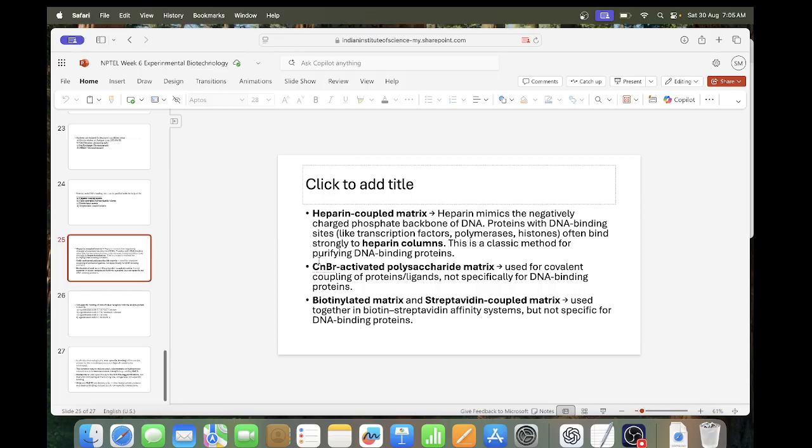And the last option is CNBr activated polysaccharide matrix. These are used for covalent coupling of proteins or ligands and not for DNA binding proteins.